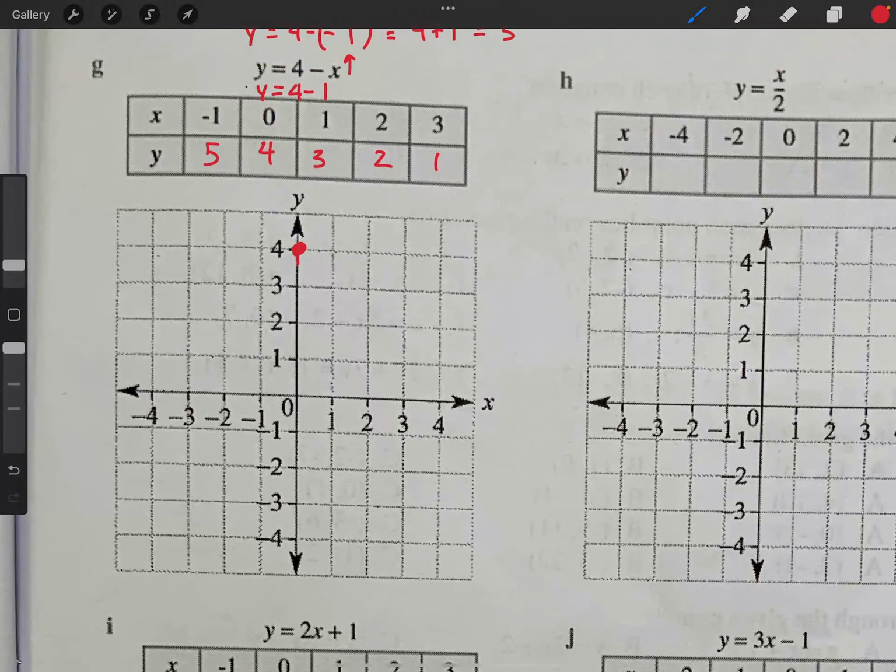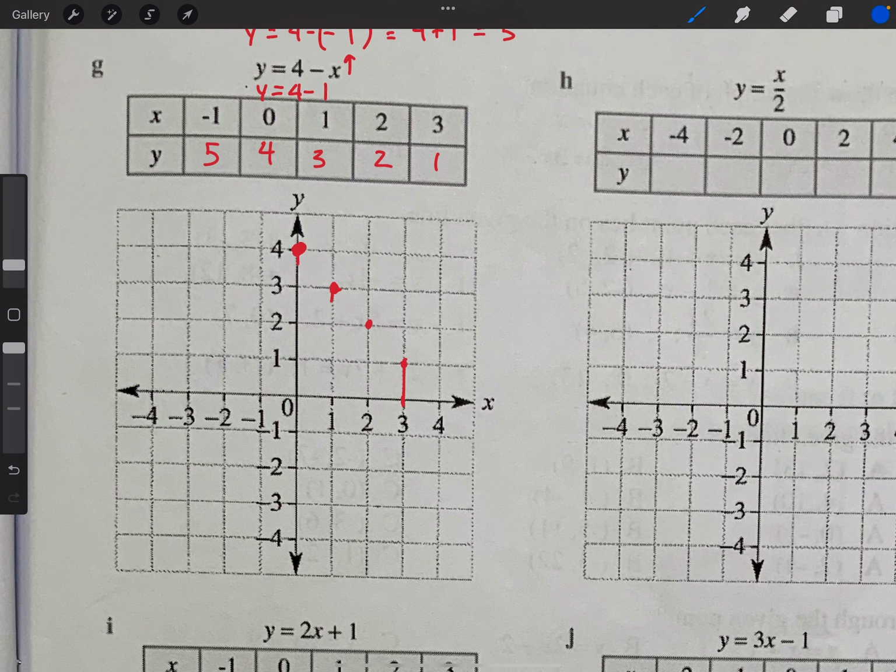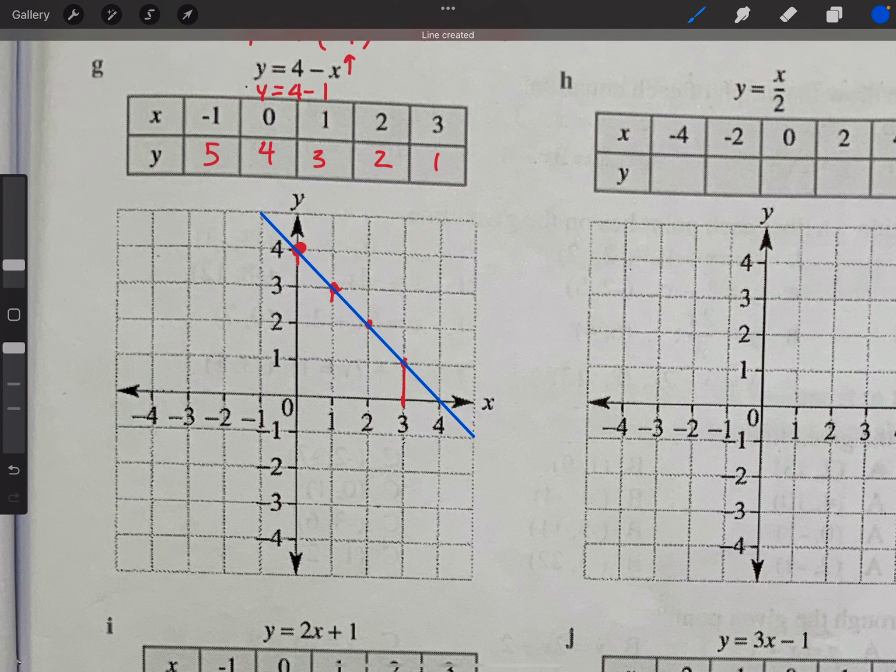When x equals 1, y equals 3, right here. X equals 2, y equals 2, x equals 3, y equals 1. There we go. Now we just have to graph this. And your graph should look something like this.